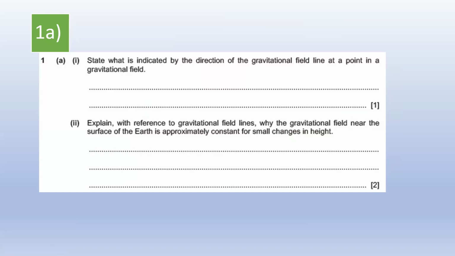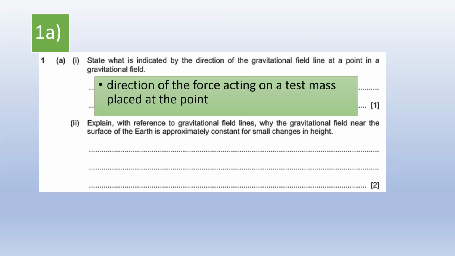So let me know whether you want a class next week or not, or you want to spend your time revising. Direction of force acting on a mass placed at the point. Direction of force acting on the test mass placed at the point.